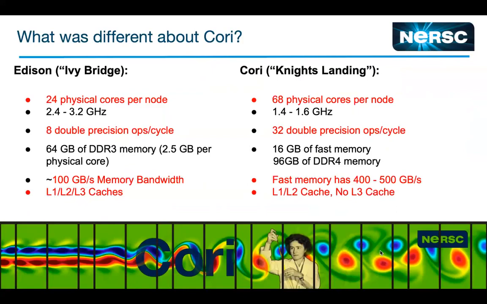As we deployed Cori a couple of years ago, we realized that the challenge the community is facing is substantial, and that the system represented our first step on the way to exascale and a change from the type of systems we had procured for the two decades before that.